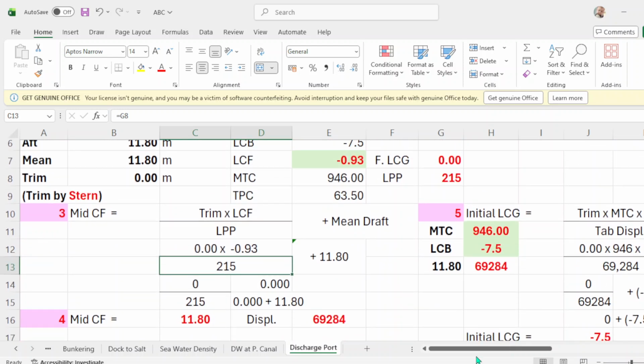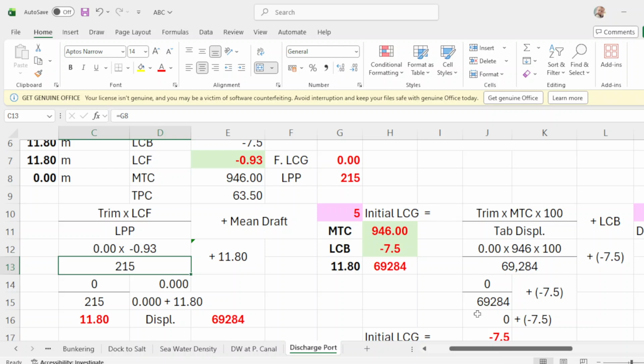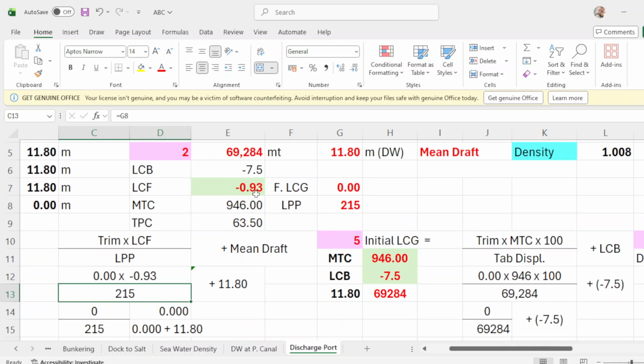Number 5. Times MTC, your MTC is 946, which is 1 times 100 over your displacement of 69284, which is this one, plus your LCB. What is your LCB? Negative 7.5 here.